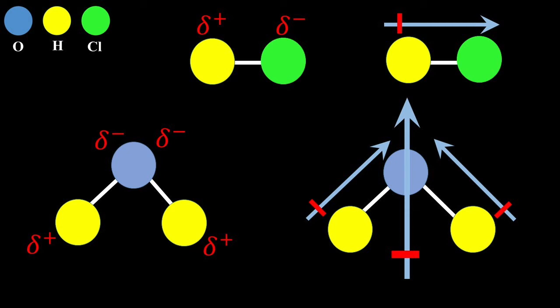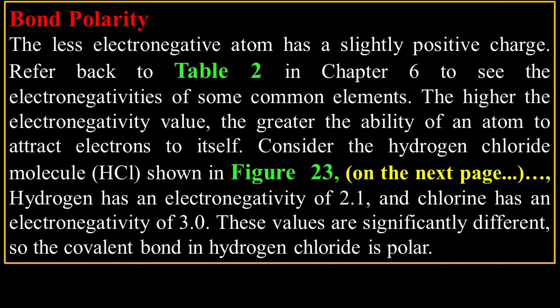So where you have hydrogen and chlorine, hydrogen chloride, you have this dipole to the right, and you have hydrogen and oxygen, water, down below, where you have this dipole going up because the oxygen is more electronegative. You're going to need an electronegativity table with you in order to do bond polarity.